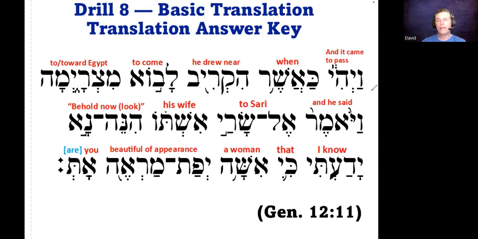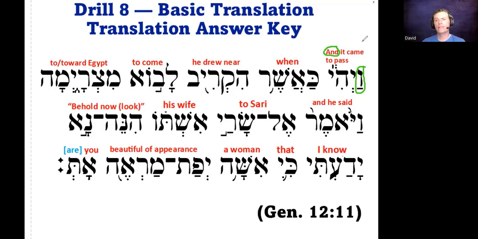Let's begin at the beginning of the pasuk. So the word vayhi, you should recognize the prefixed vav with a patach. See that a lot in Hebrew. That simply means and. The root of the word is haya. It's the Hebrew verb to be. And so with the prefixed yud before the hey, it means he will be or it will be.